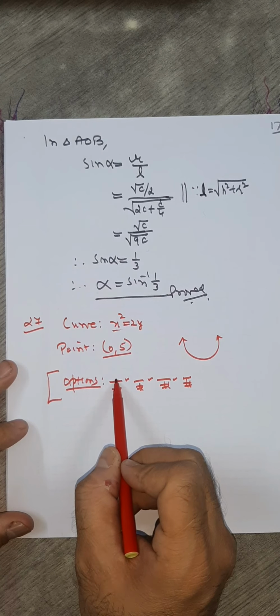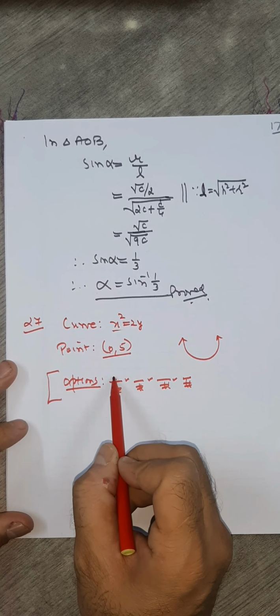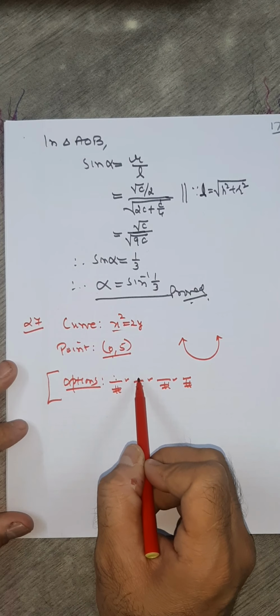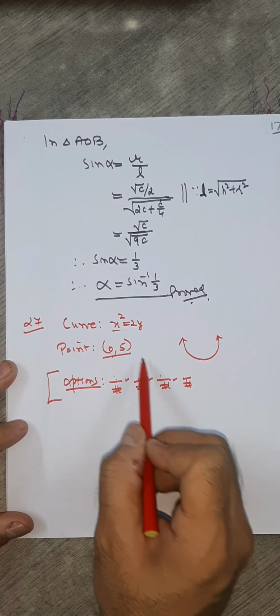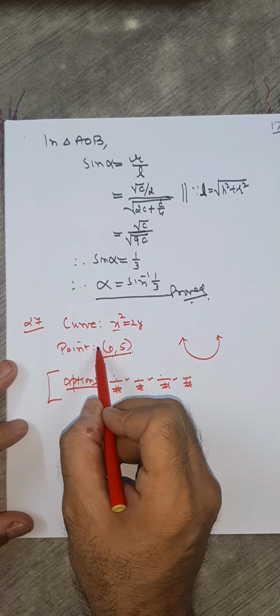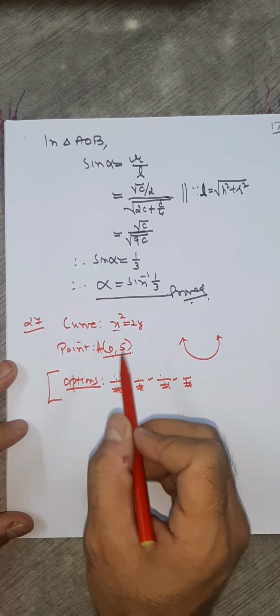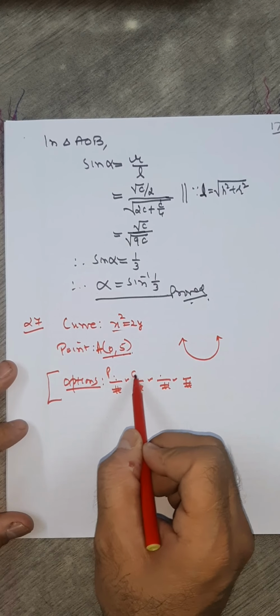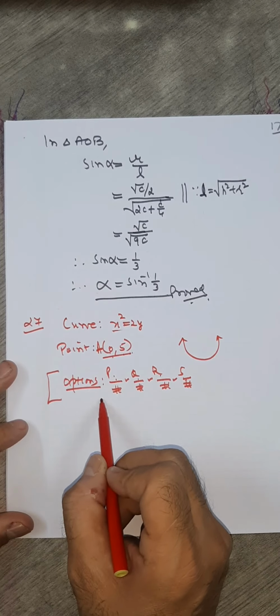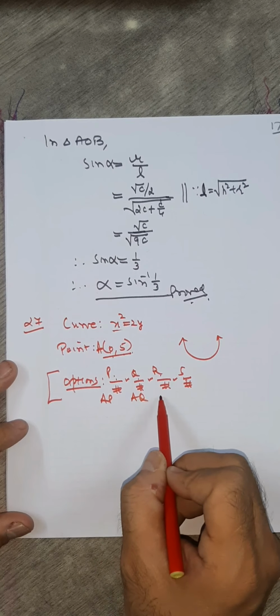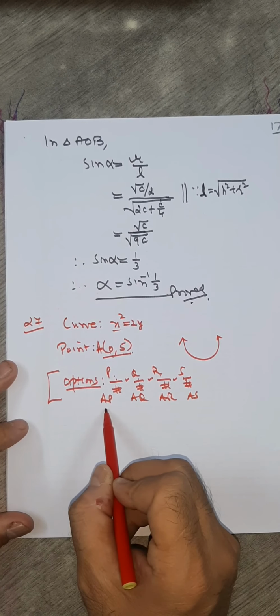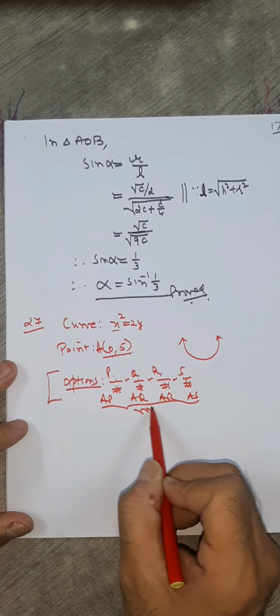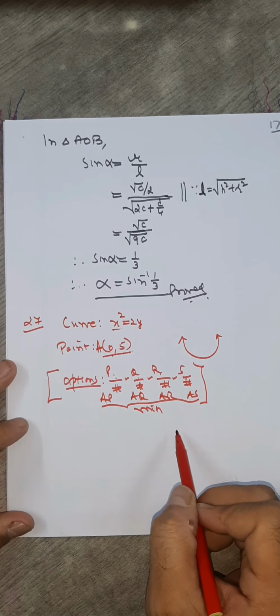Then find the distance of the first option from here, and the distance of the others. Let me call this A. If I call the points P, Q, R, S, get AP, AQ, AR and AS, and see which one is minimum.